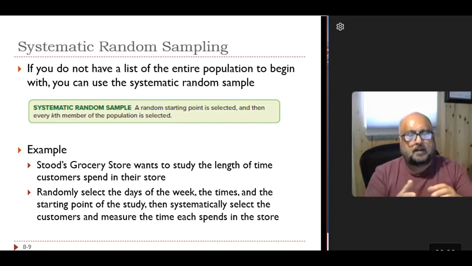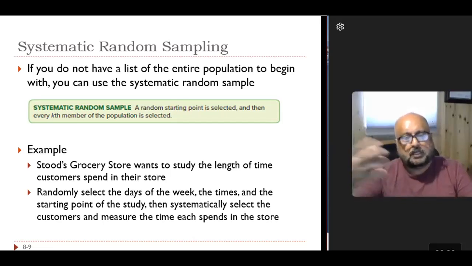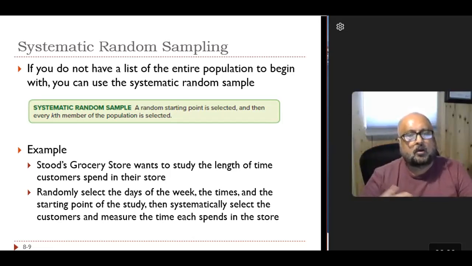Let's say you start from the 5th person, and then after that, every 10th person you keep picking, right? And that's a systematic random sampling procedure. So here is an example about a grocery store.